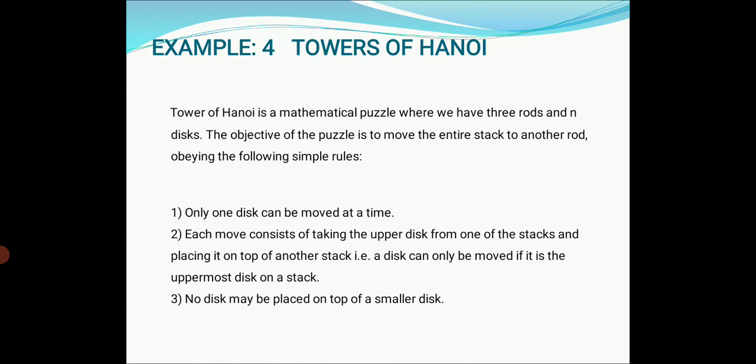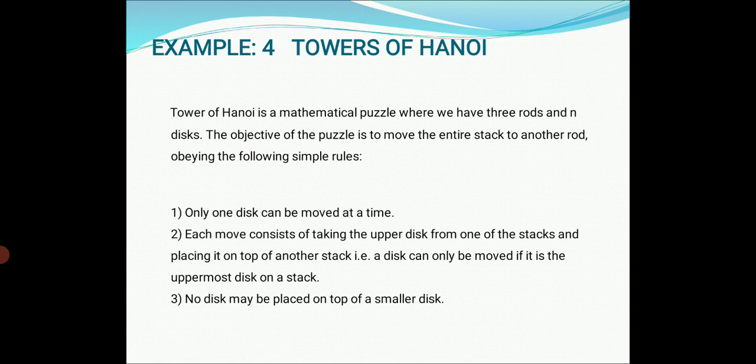So what are the rules? The first rule is that only one disk can be moved at a time, from one rod to another rod. The second rule is that each move consists of taking the upper disk from one of the stacks and placing it on the top of another stack.